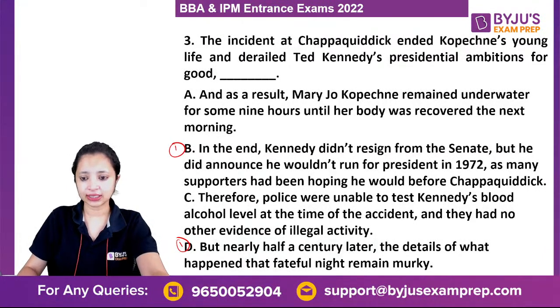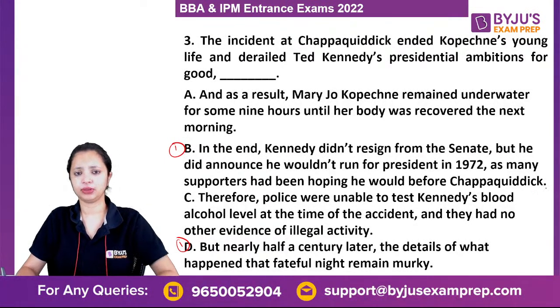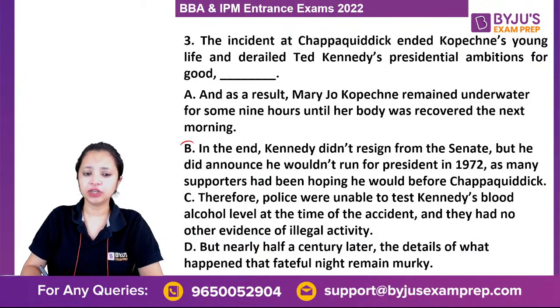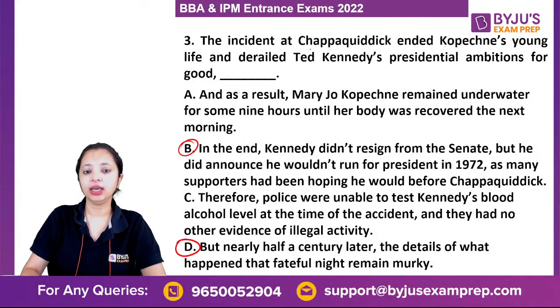Cool. Let us understand this. Let me explain this question, okay? B. Then I think you're confused between only these two. Okay. So the incident ended Kopishni's young life and derailed Ted Kennedy's presidential ambitions for good.